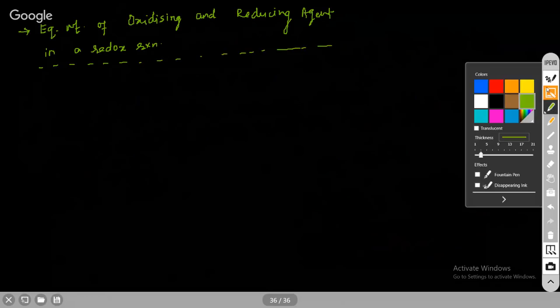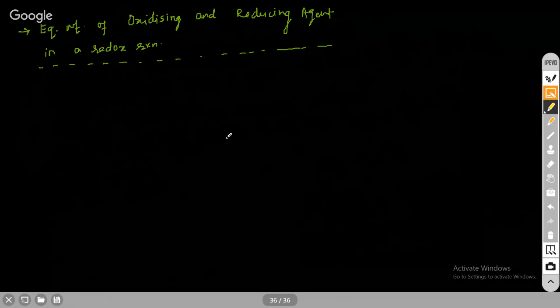So in a redox reaction, how do we calculate the equivalent weight, which is nothing but the n factor? In this case, the n factor will be the change in oxidation number of the oxidizing agent or reducing agent per molecule.